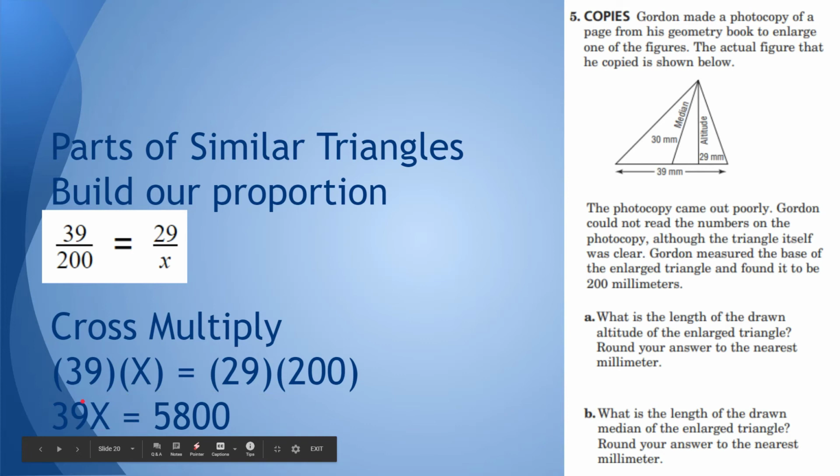Now what we end up with once we product those out, we have 39x equals 5,800. So now we're going to have to get the x isolated, and we do that by dividing both sides by 39. So we'll have 5,800 divided by 39.